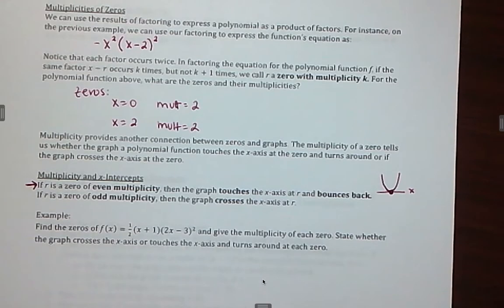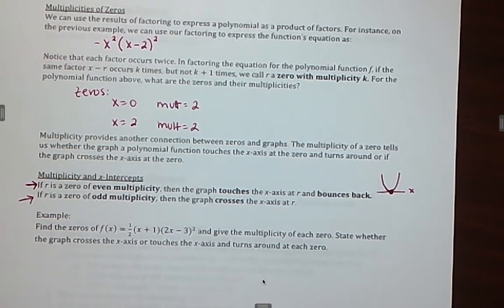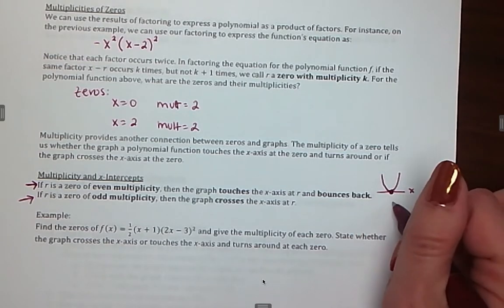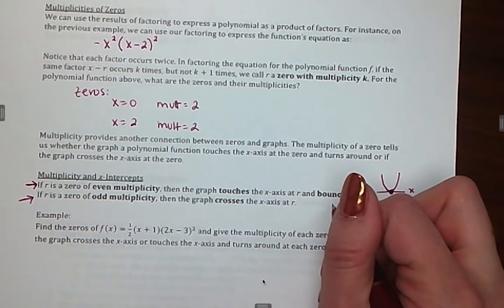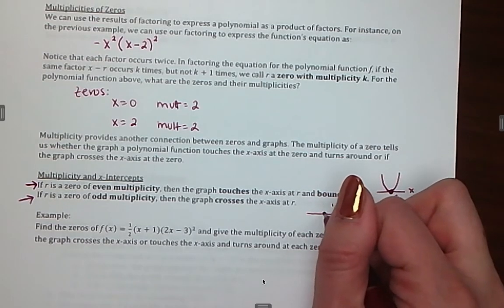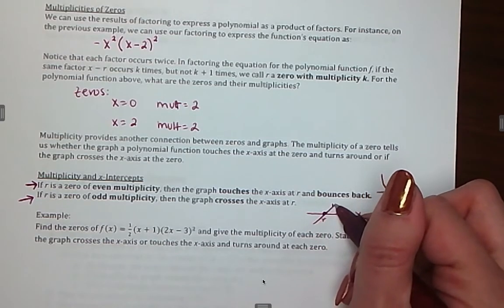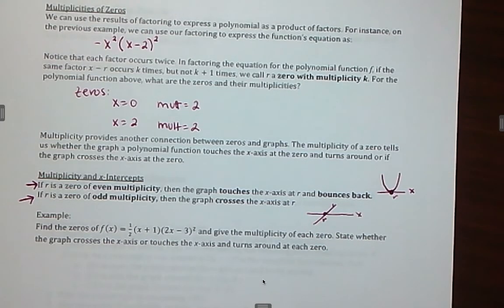For odd multiplicity, also make sure you know that, it's going to cross the x-axis. So if this is our point for r, it's going to cross through it like a line would. So still use that idea of odd as a line, even as a parabola to help you remember those rules.